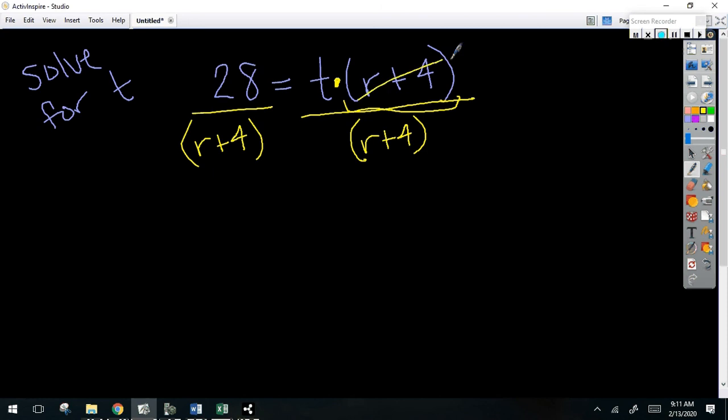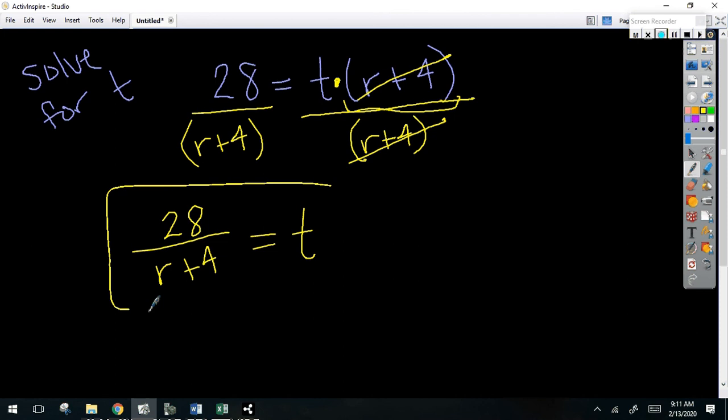As long as I do that, look how easy this problem became. As long as it's in parentheses and it's all together, you can move it all together. Okay? So you can move whole chunks if you need to.